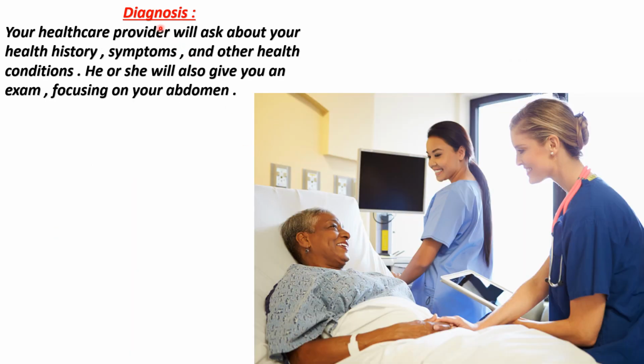Now, diagnosis of pancreatic pseudocysts. Your health care provider will ask about your health history, symptoms, and other health conditions. He or she will also give you an examination focusing on your abdomen.